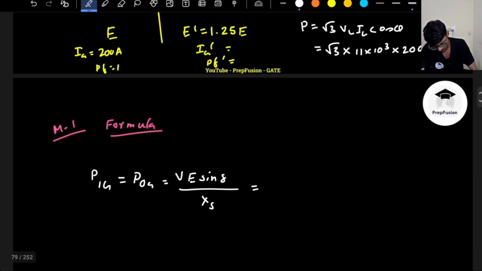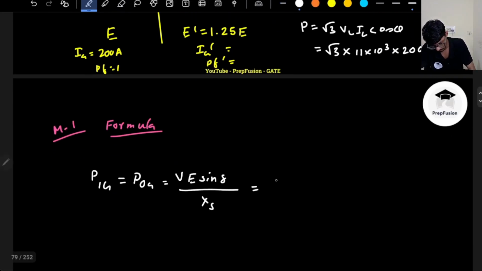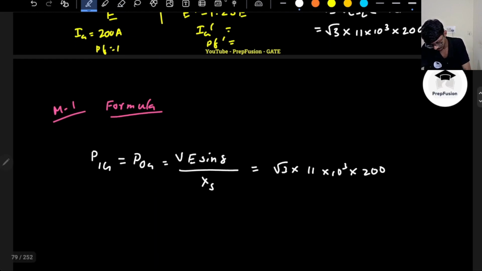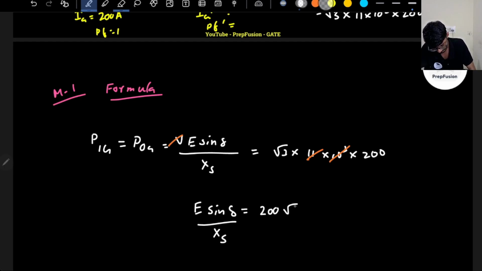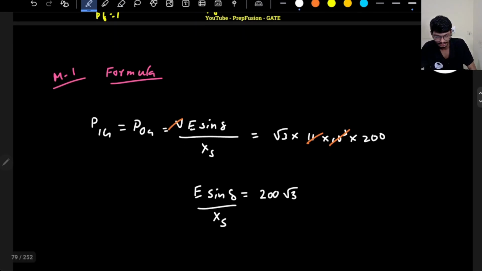My power will be root 3 into V into 10 cube into 200. Now remember, here already there is a V, so this V and V will simply get cancelled, and basically your E sin delta by XS, because I don't know what delta is, is coming out to be this value, 200 root 3. Okay, this is my E sin delta by XS.